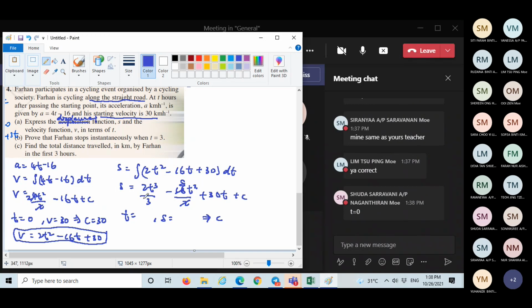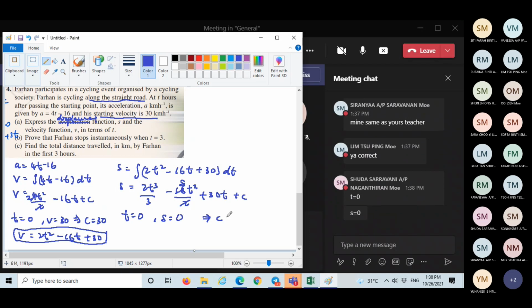Yes, t is 0, then s. Very good. So all these are 0, which ends up with c being 0. So your s is this 8, this is the t. So this is the s at the end. So I have settled part A.